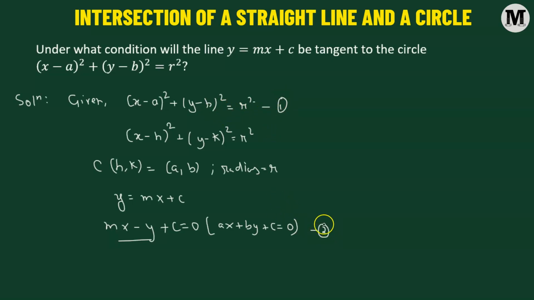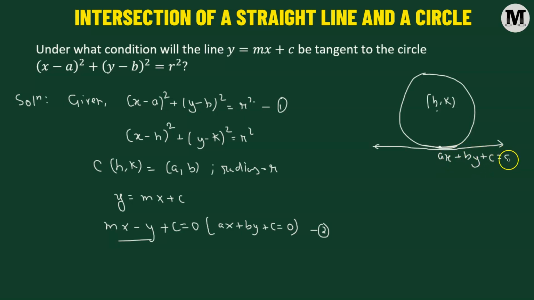So let us begin. Now here we're going to use a property. Let's say we have a circle whose center has the coordinates h comma k. We have a straight line, and let's say the straight line is tangent to the circle at a particular point. This is touching the circle, and the equation of this line is denoted by ax plus by plus c equals 0.